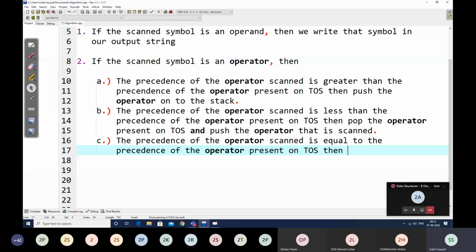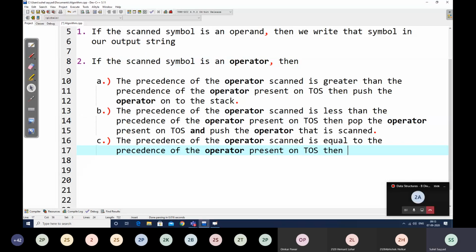Are you getting this? Okay. Is it understood, students? Similarly, I'll give you another example. Suppose you are scanning a plus addition symbol and already on top of stack minus is present. Now we all know that in algebra plus and minus are having equal precedence.